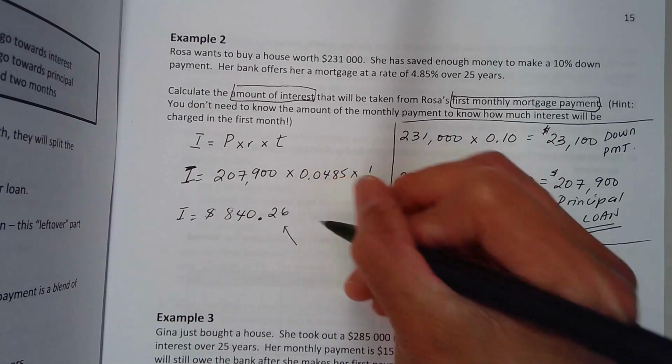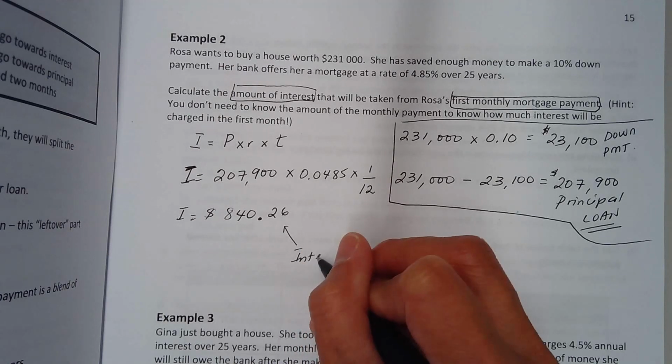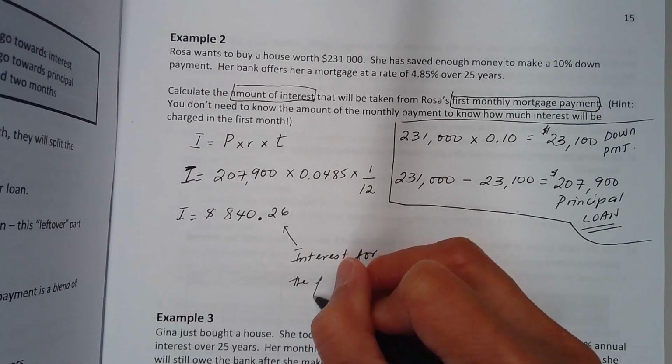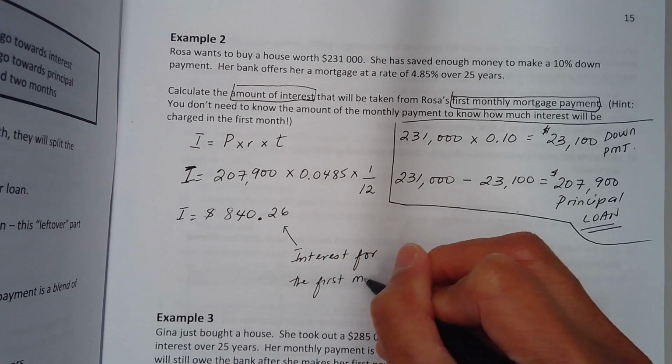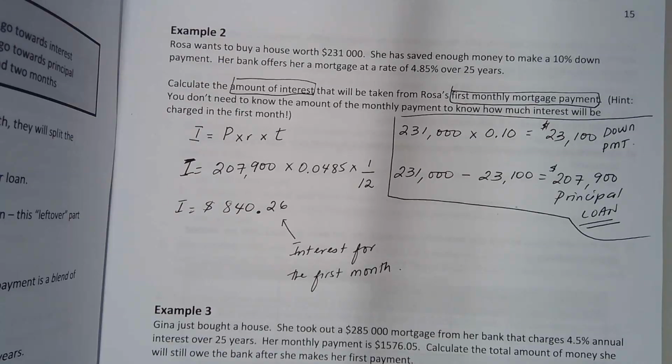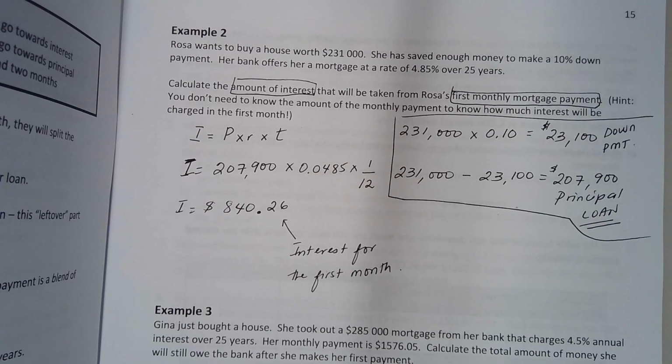This is the interest for the first month. Somebody verify that. Is that okay? Yeah.